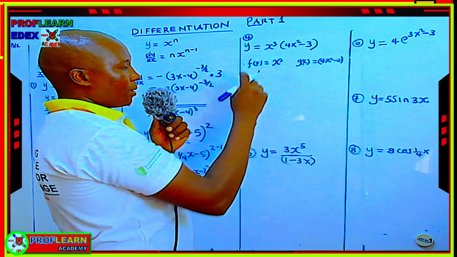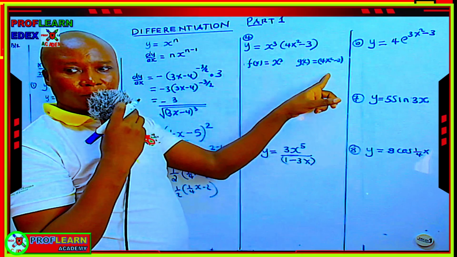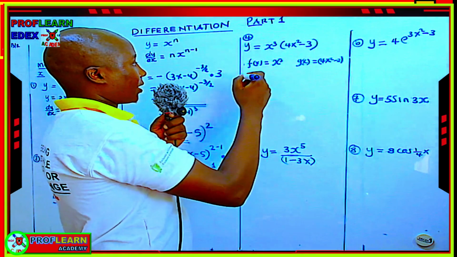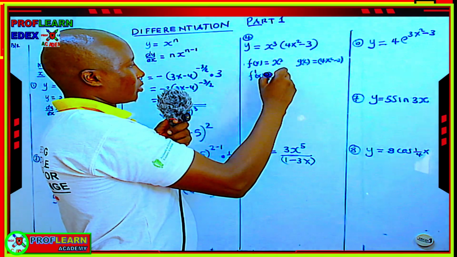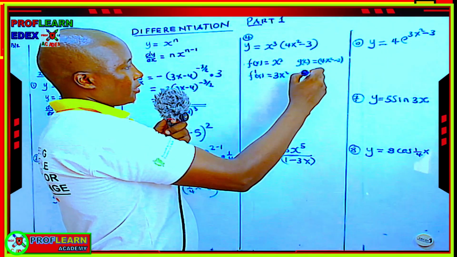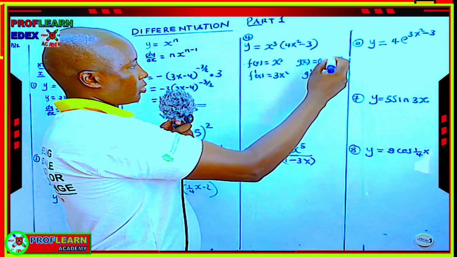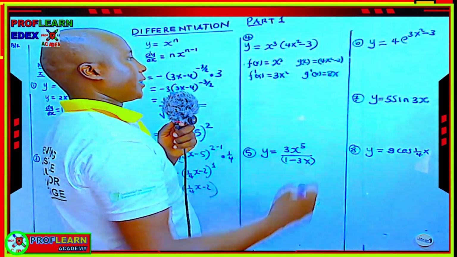Now, I can differentiate this and also differentiate this so that I can apply the product rule. So f prime of x is going to be equal to 3x squared. g prime of x is going to be equal to, differentiating this, 8x.